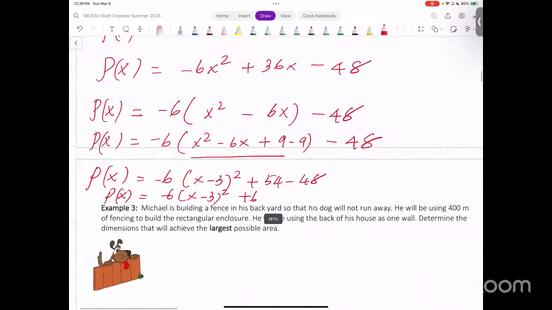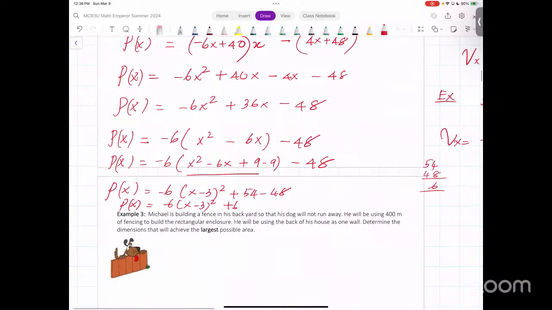So this is where things get interesting. The number of magazines sold is 3. Profit is 6. Am I right? That's my vertex, isn't it?